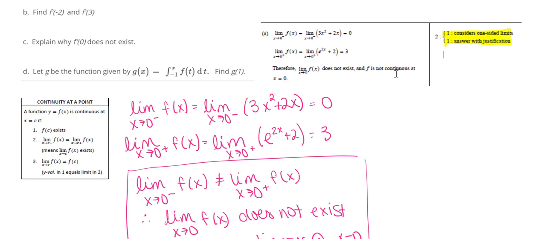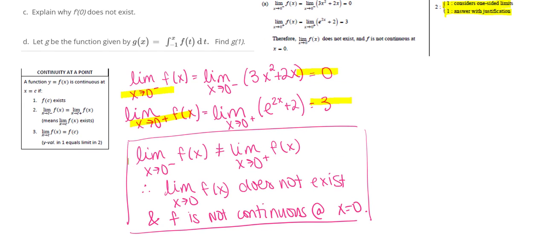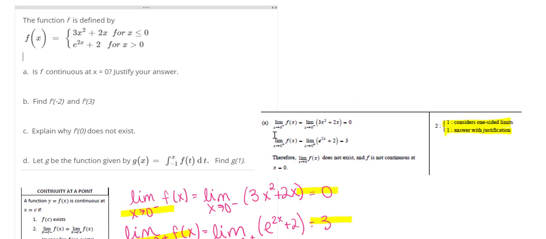So 1 point for considering each sided limit, so I have right here, and then my justification would be all this business right here, where I'm saying that the left-hand and right-hand limits don't match. Therefore, the limit of f of x as x approaches 0 does not exist, and it's not continuous at that point. Now remember, we have to include the word continuous because our question asks, is it continuous at that point?